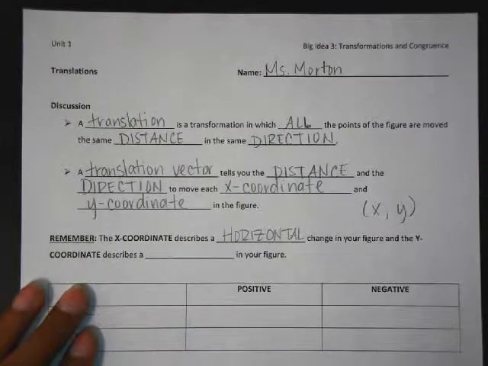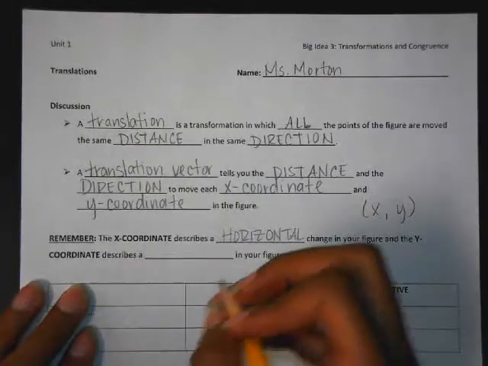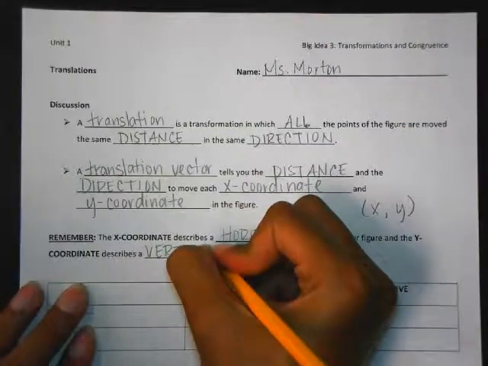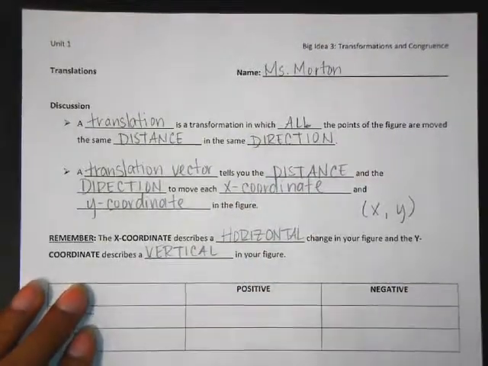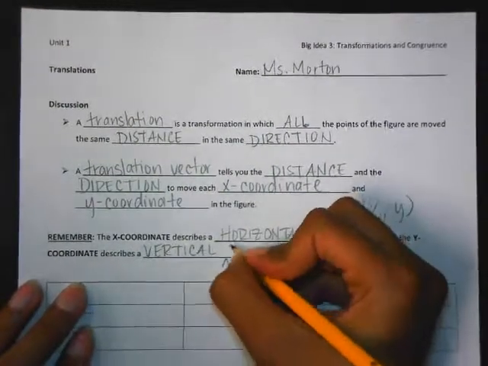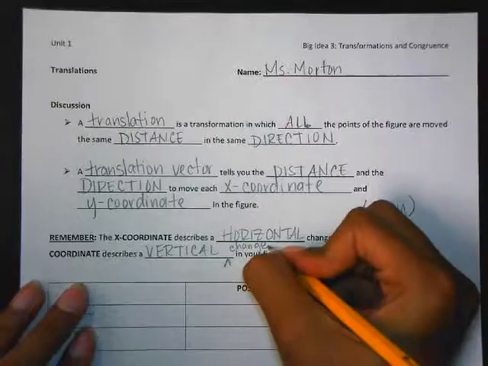And the y coordinate describes a vertical change in your figure. I forgot change. We're going to go ahead and write in change. So a vertical change in your figure.